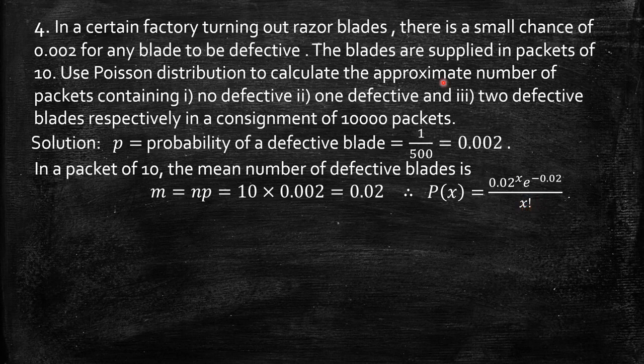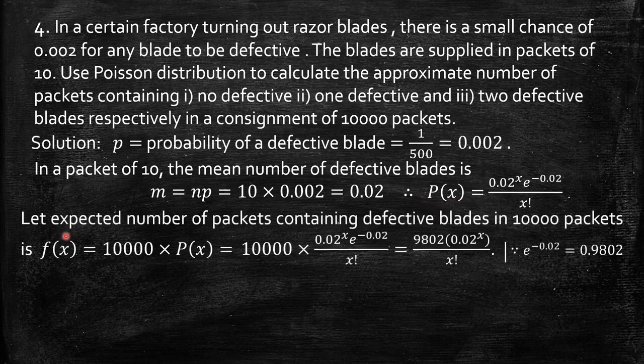Now here the problem is finding the approximate number of packets containing no defective, 1 defective, 2 defective out of 10,000 packets. So that means I need an expected number. So I have to find the expected number of packets containing no defective, means multiply 10,000 with the probability of x equal to 0. So 10,000 into p of 0, likewise. So let me first take the expected number of packets containing defective blades in 10,000 packets.